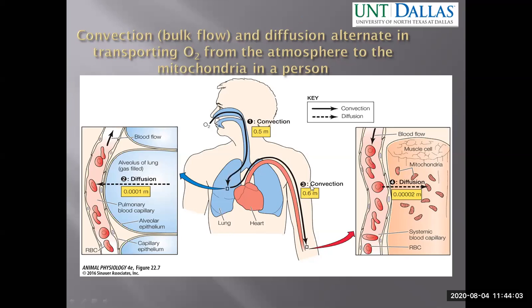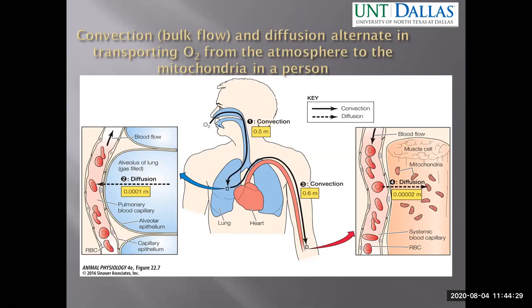So the third step occurs by convective transport by the circulation of blood. And the fourth step is diffusion from the RBCs in a systemic blood capillary to a mitochondrion in a muscle cell.